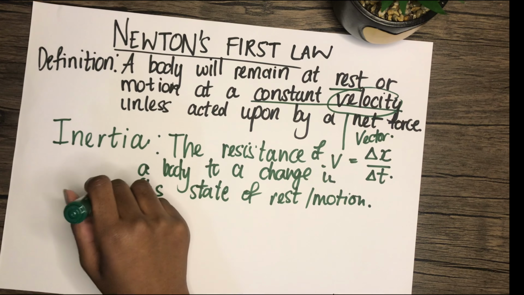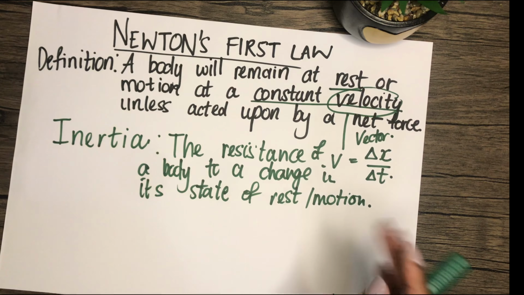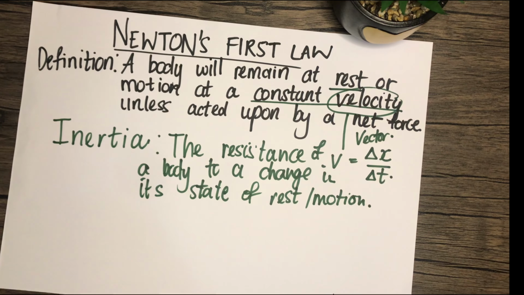Inertia is due to you having a mass. For the fact that an object has a certain mass, it has a resistance to a change in its state of motion or in its state of rest. So if you're in a car moving at 100 kilometers per hour, because you are in the car, you also assume the velocity of that car, right?